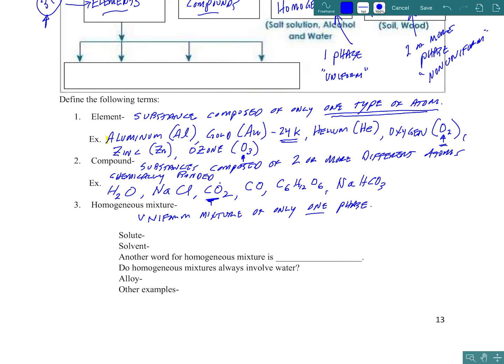We often call homogeneous mixtures solutions. So another word for a homogeneous mixture is the word solution. You've probably heard of that before. A solution is made up of a solute and a solvent. A solute in a solution or a homogeneous mixture is the component that gets dissolved.